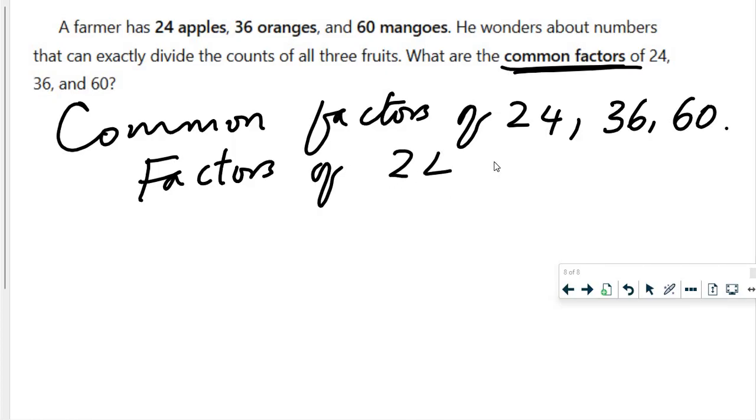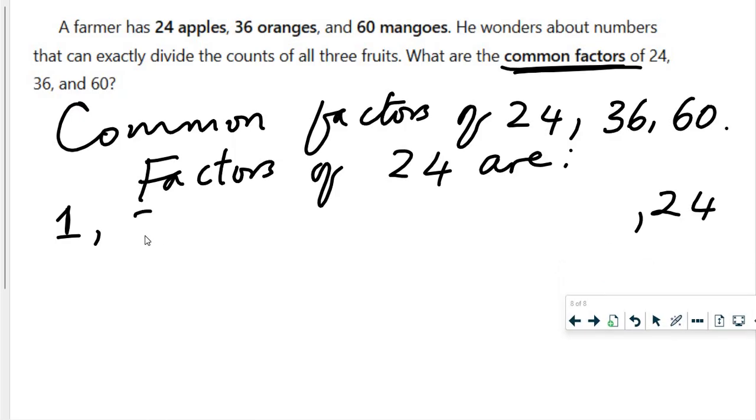Factors of 24 are, what are they? 1 and 24. Then you go to 2, that is 12. Go to 3, 24 divided by 3, that is 8.